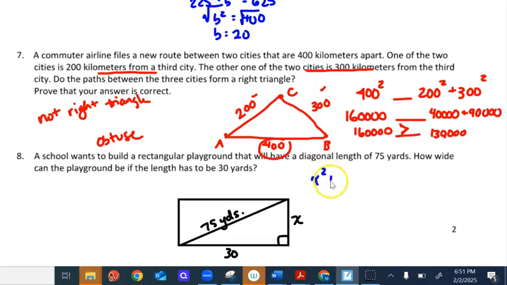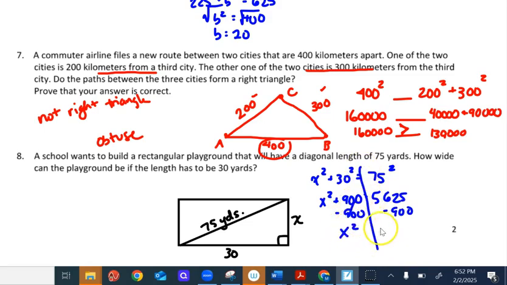X squared plus 30 squared equals 75 squared. 30 squared is 900. 75 squared is 5625. Subtract out that 900 from both sides.